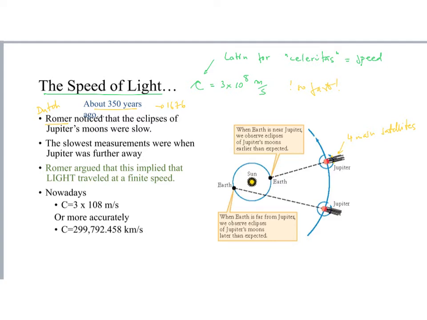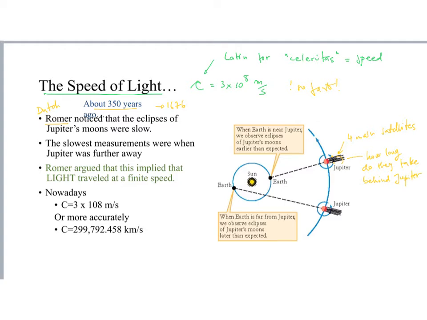They're not going at the same pace, so one at a time, how long do they take to be eclipsed behind Jupiter?